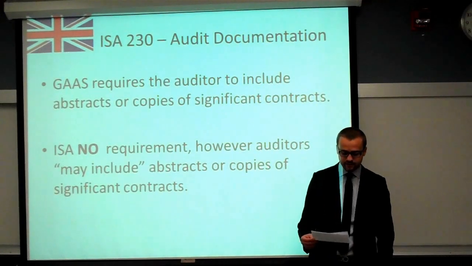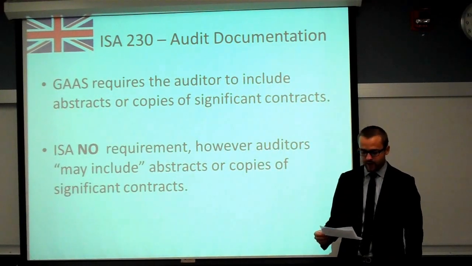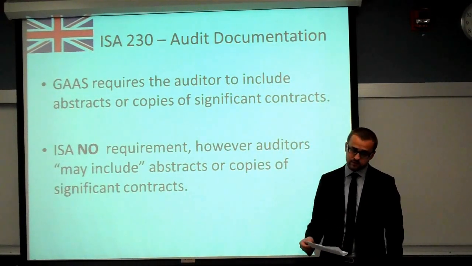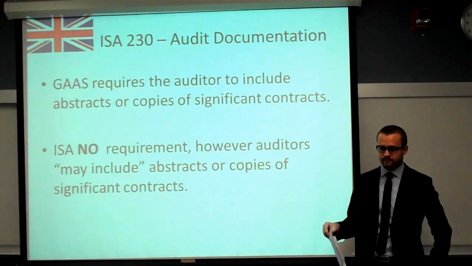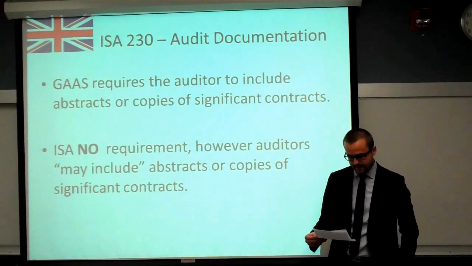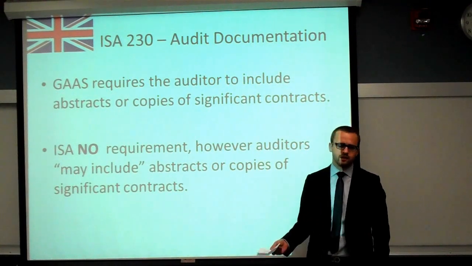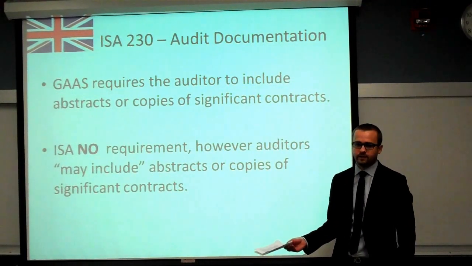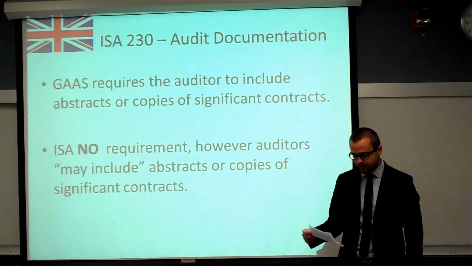It also enables the engagement team to be accountable for its work, and it retains a record of matters of continuing significance to future audits, which means they can use the audit work for future years. It also enables the conduct of external inspections in accordance with applicable laws. This basically refers to a government entity going in and reviewing the work of the auditors.